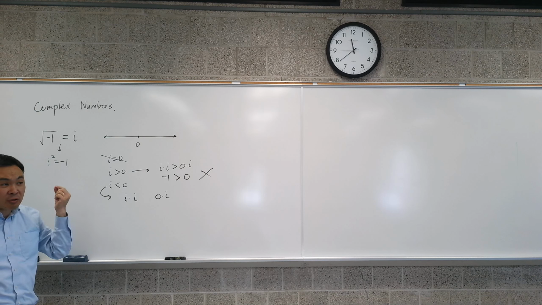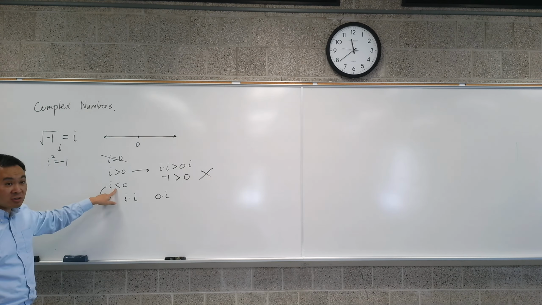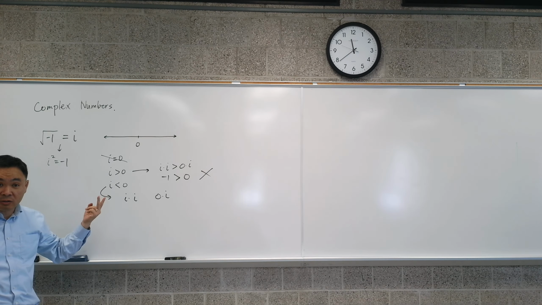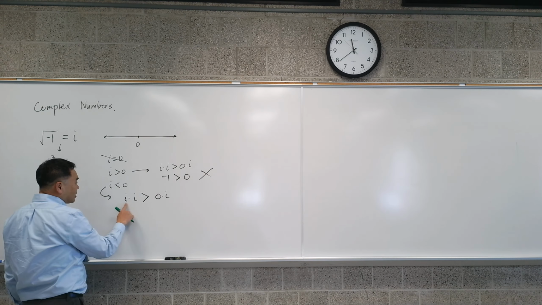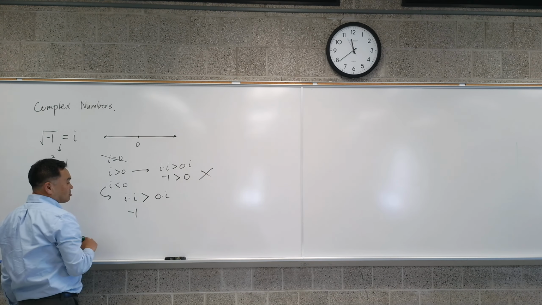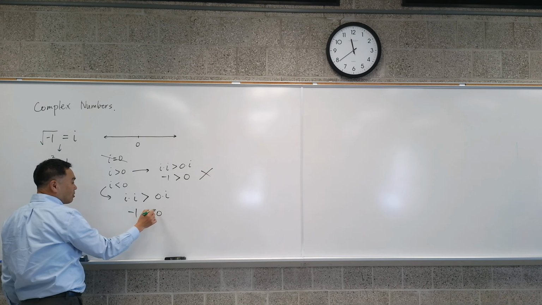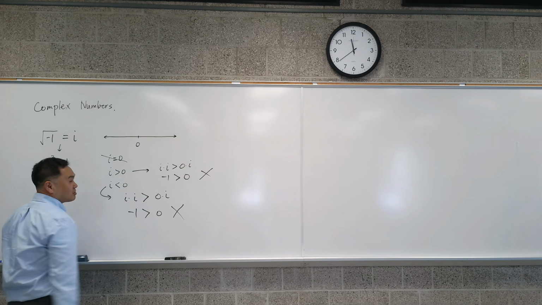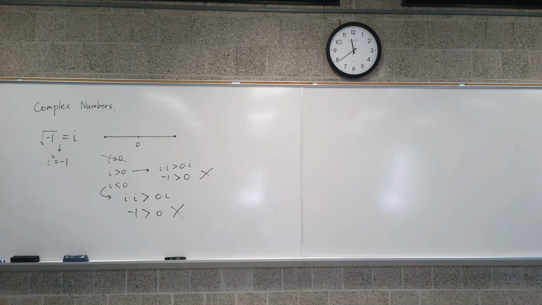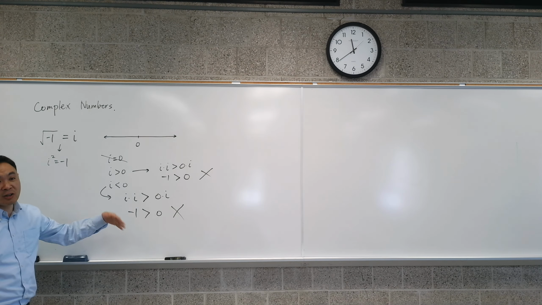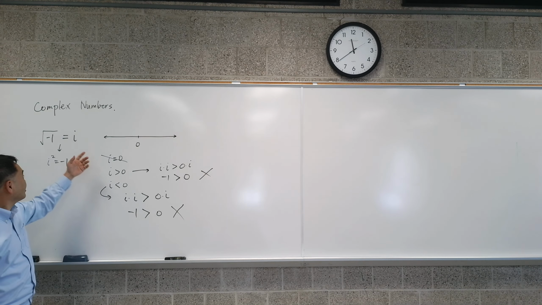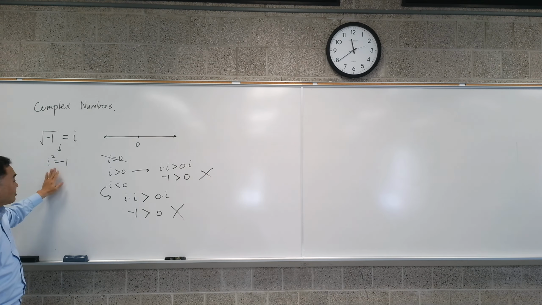Whenever you multiply or divide by a negative number on an inequality, you have to flip it. So I get, again, i squared, which is -1, and 0 times i, which is 0, and this is nonsense. So no matter which assumption you take, all of them lead to nonsense, which means this number, if it did exist, should not be on the number line.